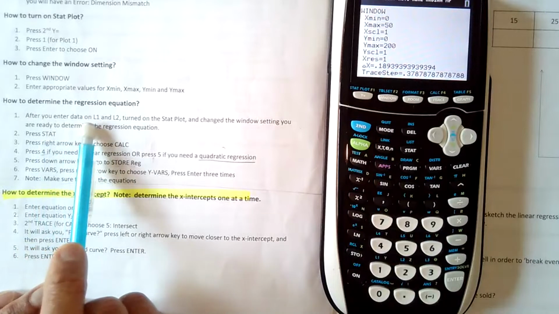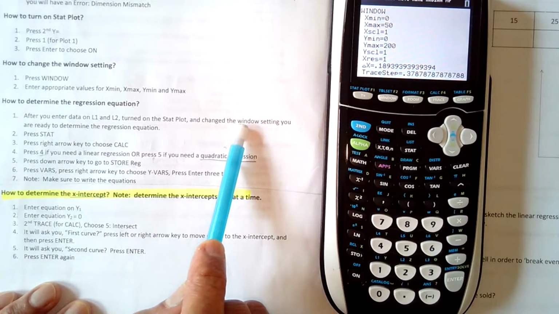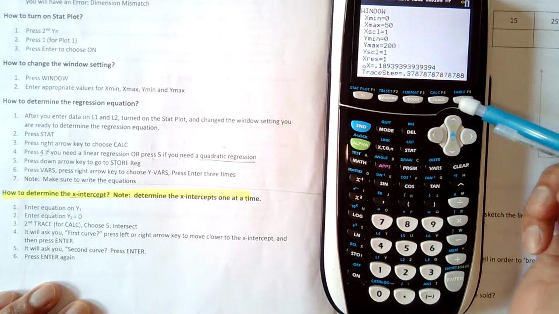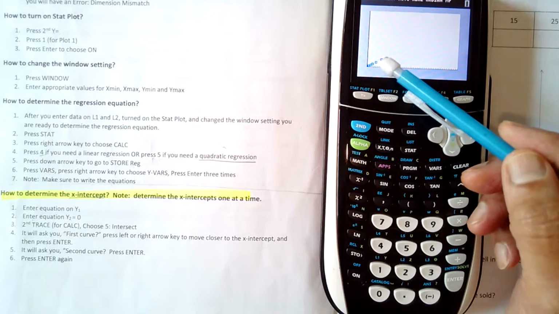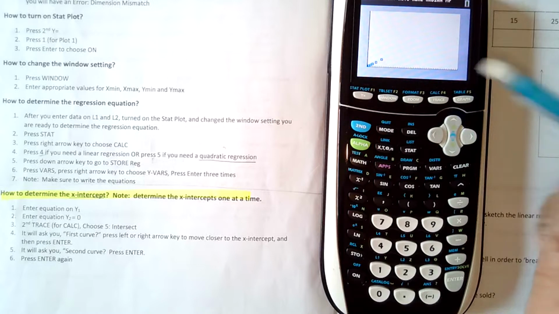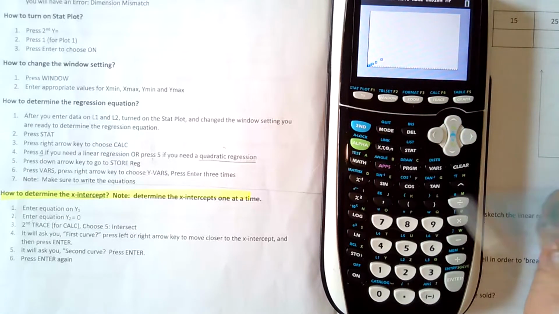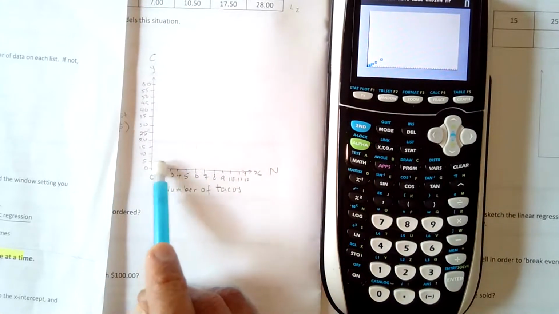So now you enter L1 and L2, you turn the stat plot on, and you change your window. If you press graph, you don't see a line, but you see the data you entered. That's why you need to turn the stat plot on. So now you see your data but no line, and that's what I want, so I can sketch my line.